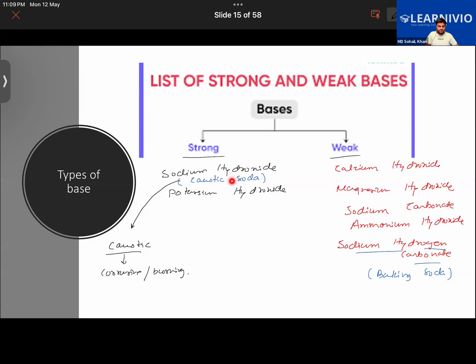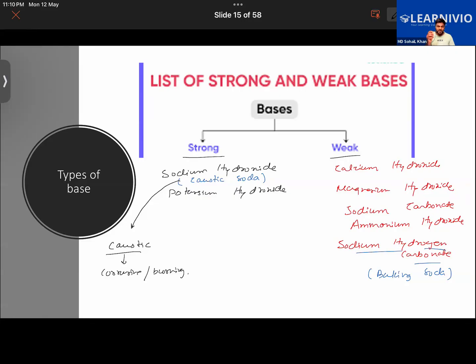If it were to be kept on our skin, it can burn our skin. Sodium hydroxide and also potassium hydroxide can burn our skin. So they are that much strong. They must be handled carefully. On the other hand, calcium hydroxide, ammonium hydroxide, sodium carbonate, etc., are weak bases, but the solutions are unsafe to drink.